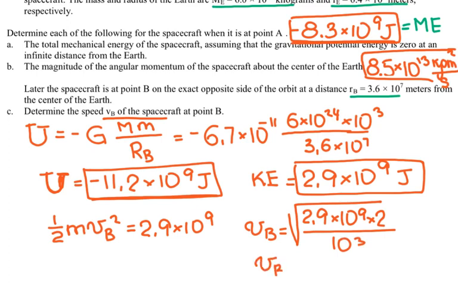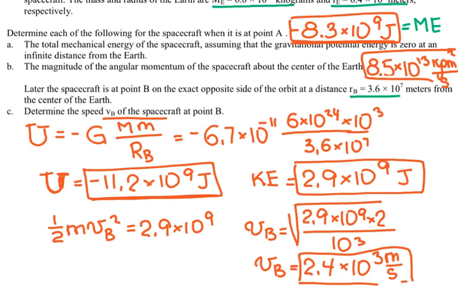So my velocity at B is equal to 2.4 times 10 to the 3rd meters per second. So this is my velocity of an object at point B.